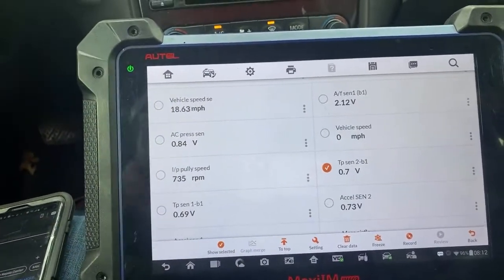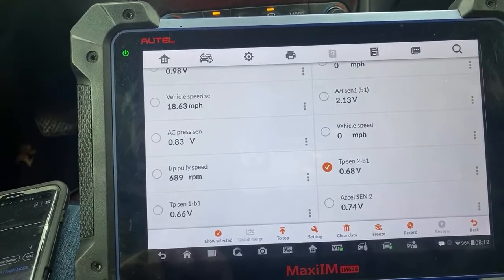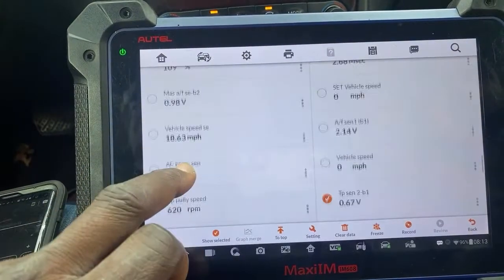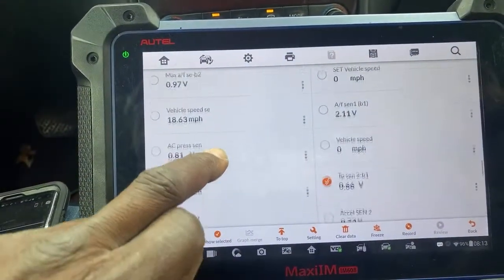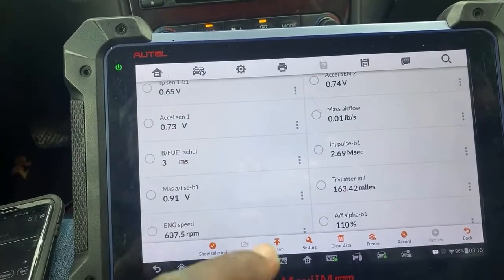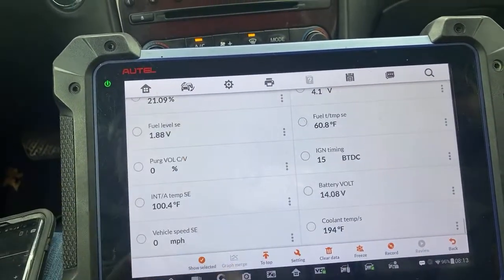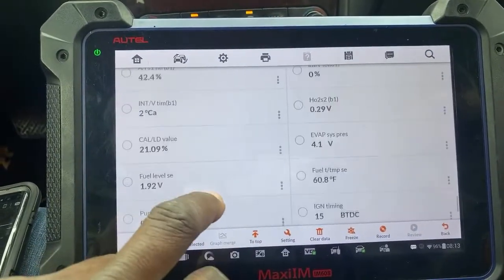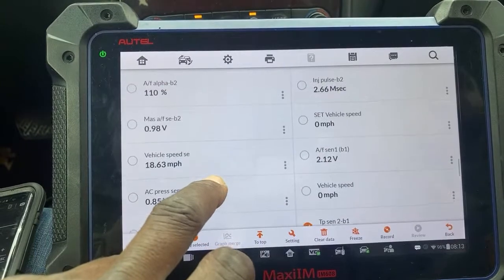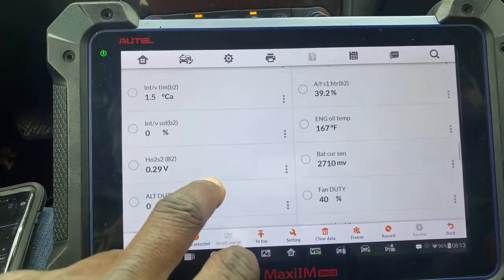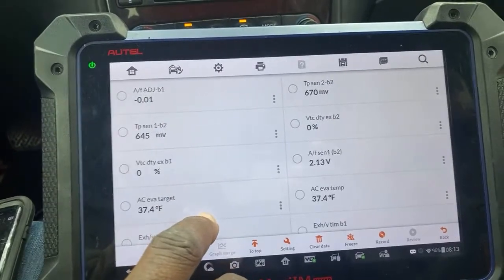Where the air goes. Yeah. There are two hoses. Yeah. Yes. Okay.